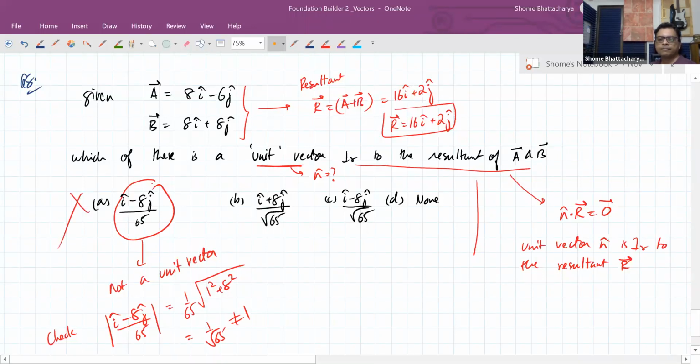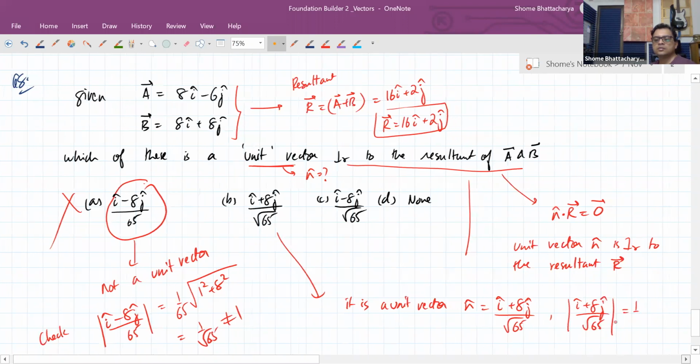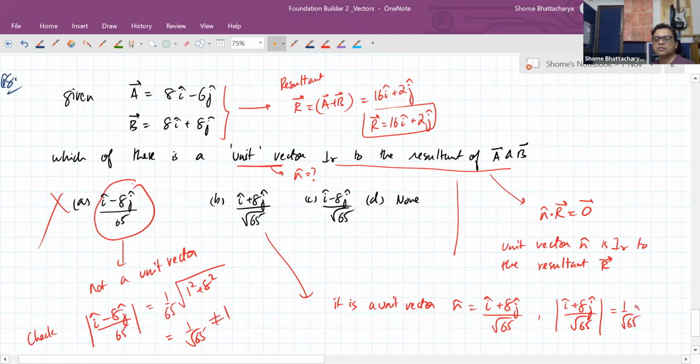Now if we check the second option, you can see that yes, it is a unit vector, because we check the magnitude of this, and that is equal to 1.